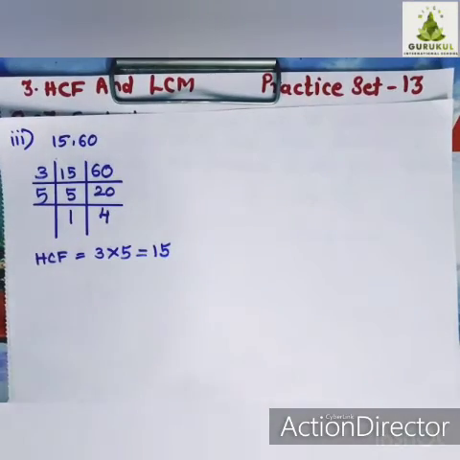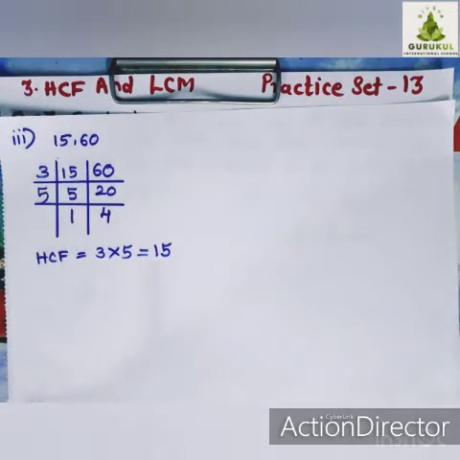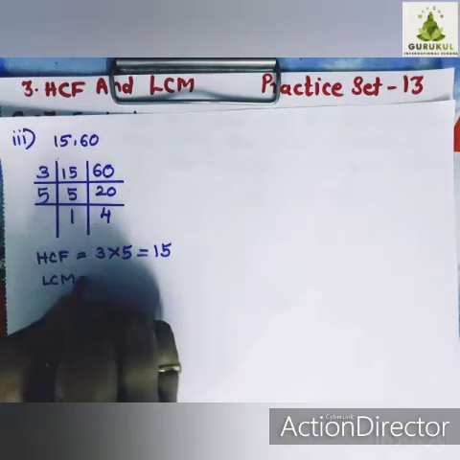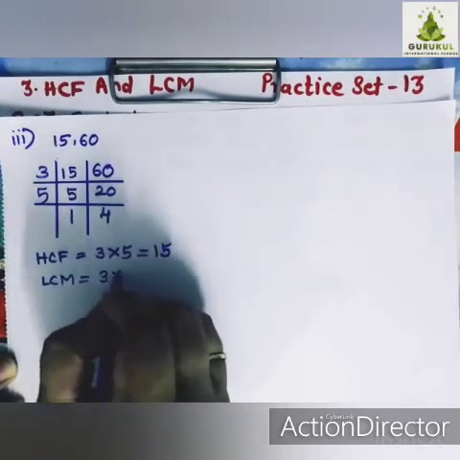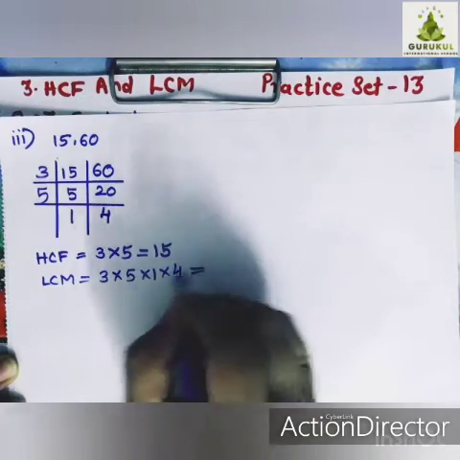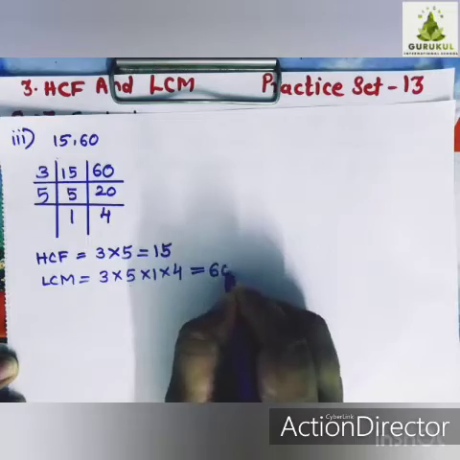Okay, and what is LCM? These factors plus these factors. Correct. So we have to write both the factors. So LCM is equal to 3 into 5 into 1 into 4. That is equal to 3 5s are 15, 15 1s are 15, 15 4s are 60.